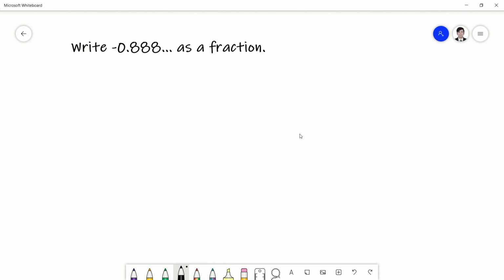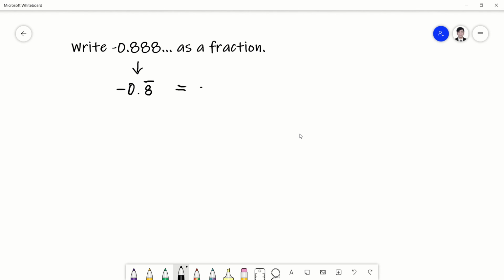So for now, if this happens, 8 is repeated, therefore you can write it as negative 0.8 repeating. The bar is the indicator that 8 is repeated a couple of times and it does not stop.